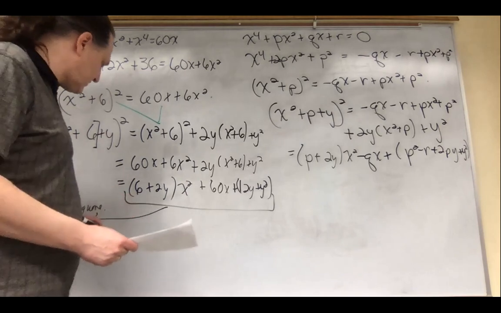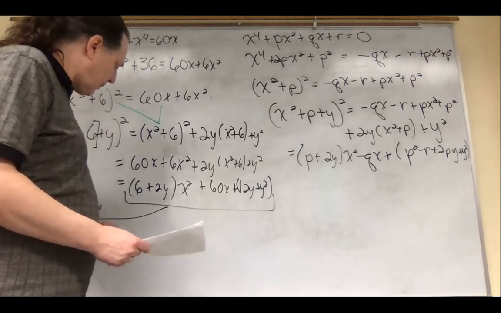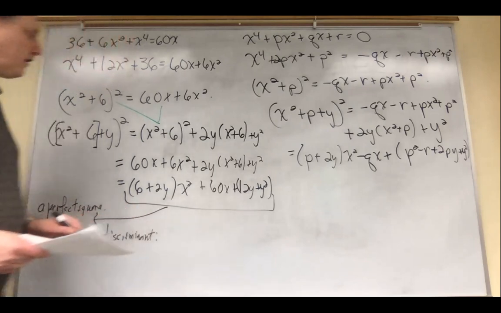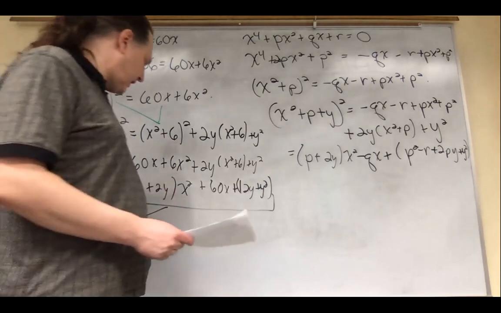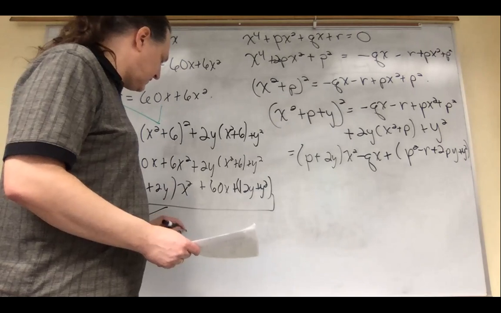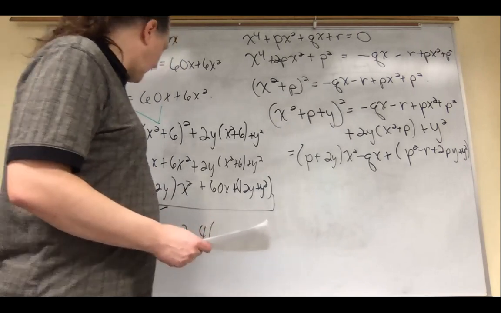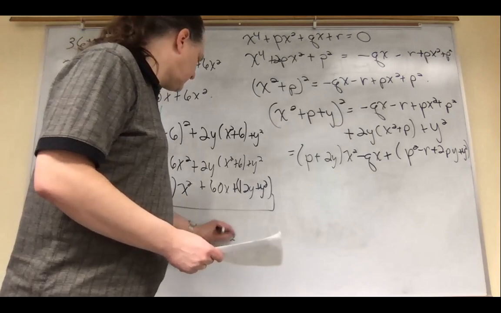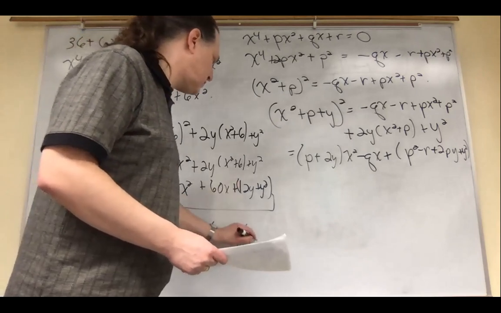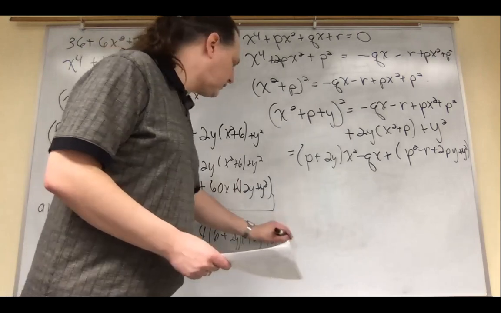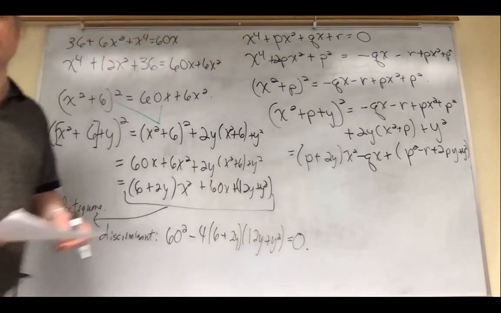So let's look at the discriminant. We have b squared, which is 60 squared, minus 4a, 6 plus 2y, c, 12y plus y squared, and we want the discriminant to be 0.